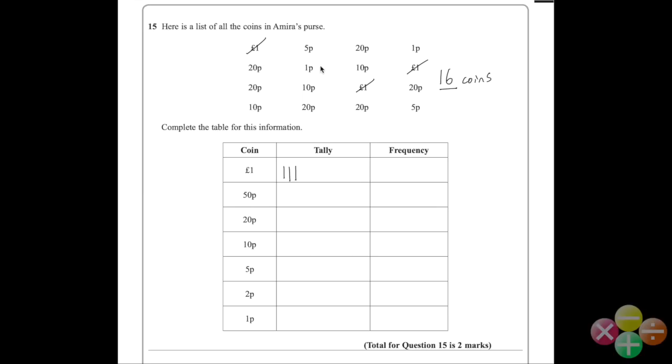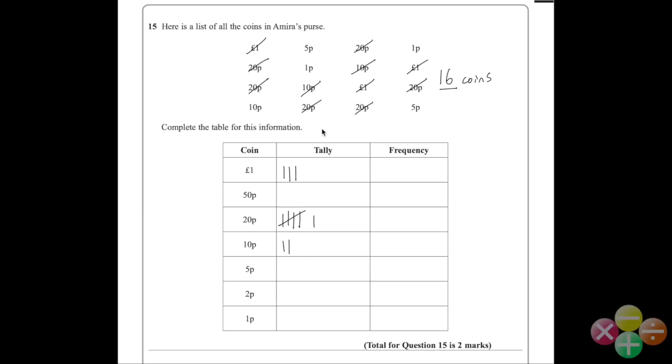50p's. Let's see if there are any 50p's in Amira's purse. No, no 50p's. 20 pences. There's one there. Another one there. And another. One there. And there are two at the bottom. 10p's. We've got one there.